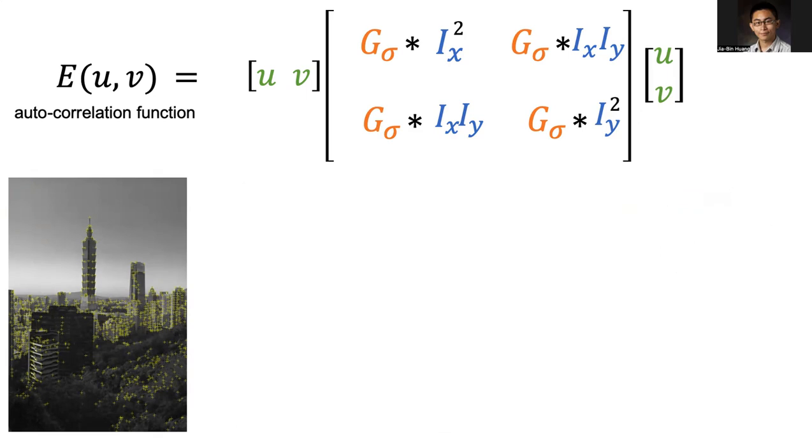You have a 2D matrix, and you do the eigen decomposition to compute that. Yeah, based on the minimal eigenvalue. This is called Shi-Tomasi, the people who came up with this corner detection.